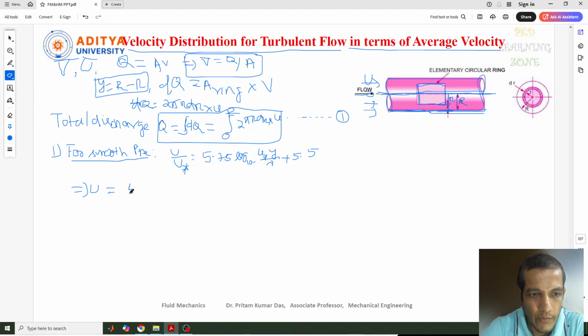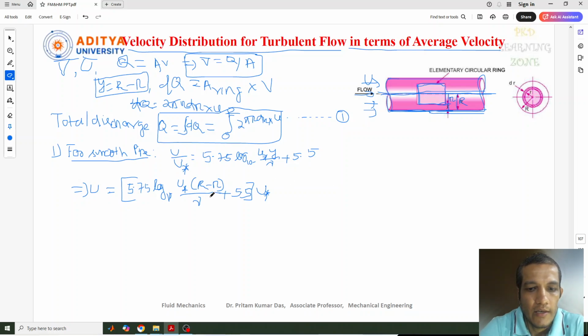So the equation will be u equals u star times, 5.75 log 10 of u star, in place of y let's write R minus r, divided by nu, plus 5.5, bracket close. This is the value after putting y into the equation.